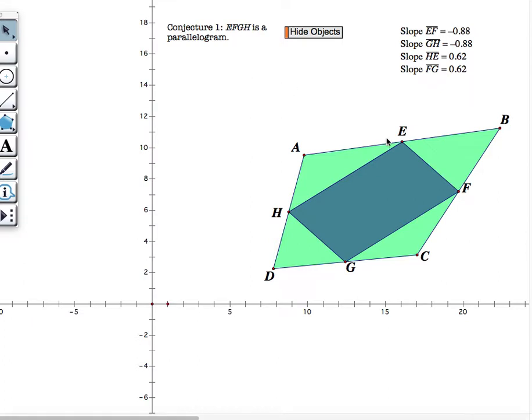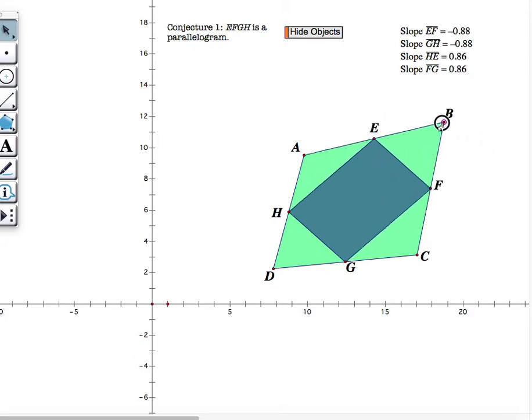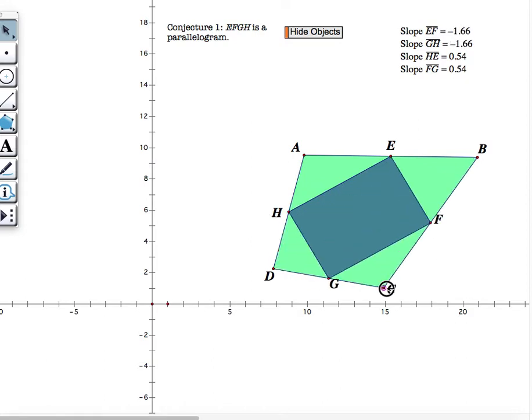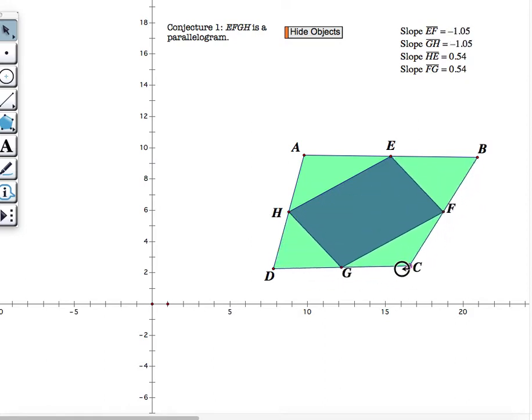I measured the slope of the opposite sides of the midpoint quad and found that no matter how I moved the larger quad around, the slopes appeared to match. According to Sketchpad, they match.